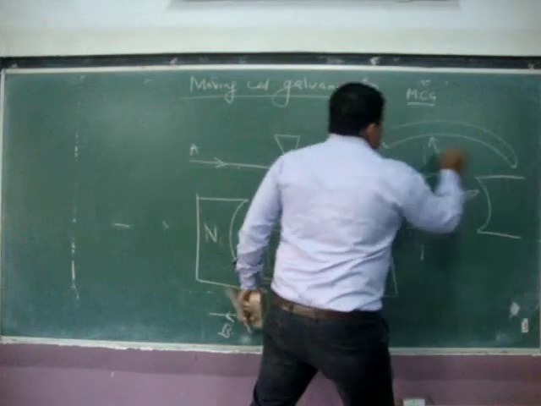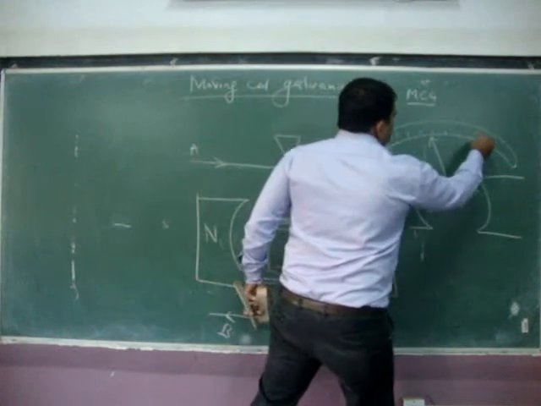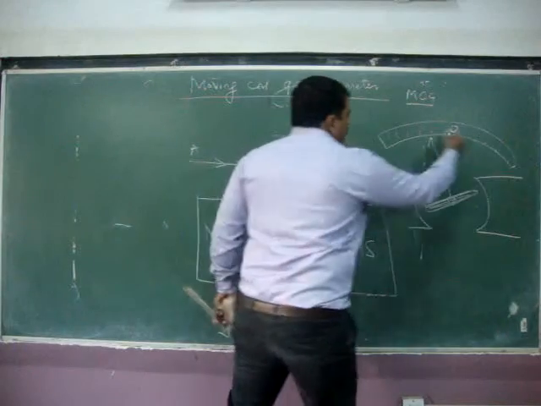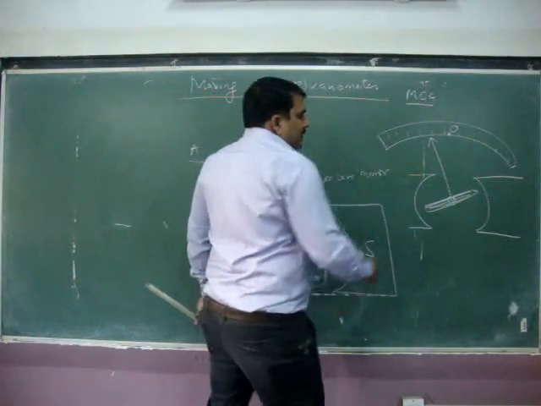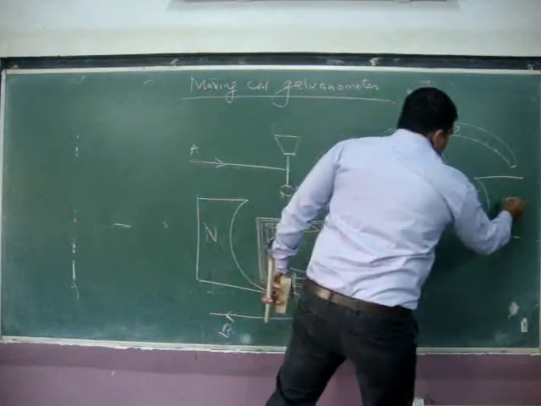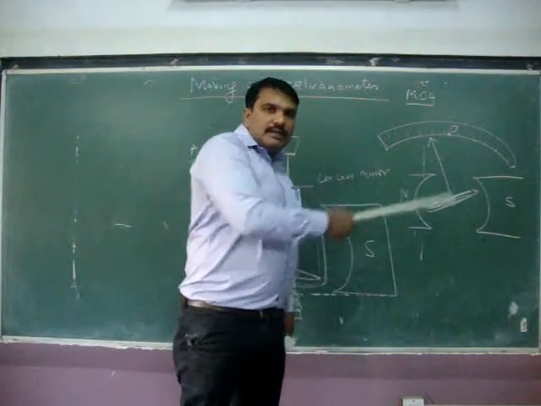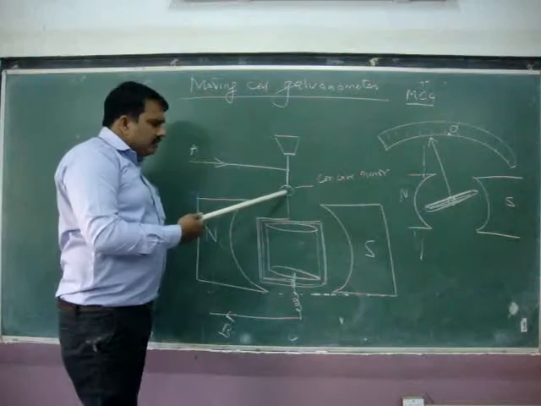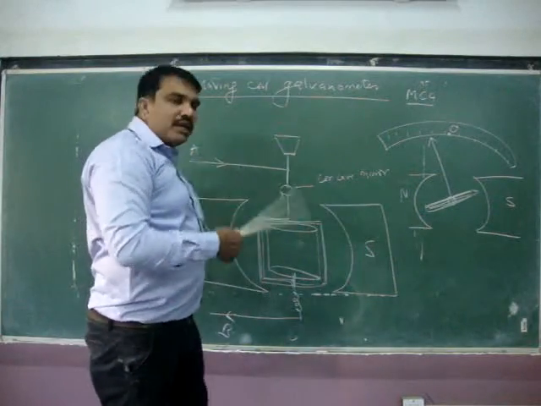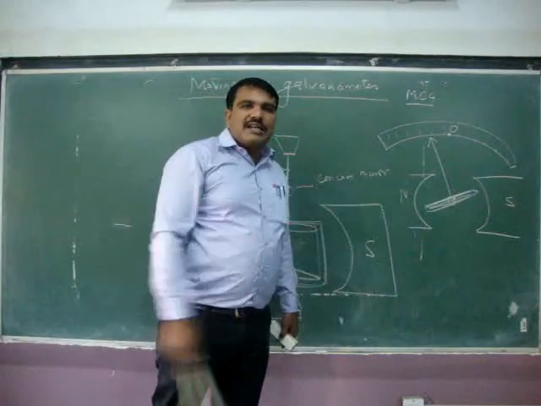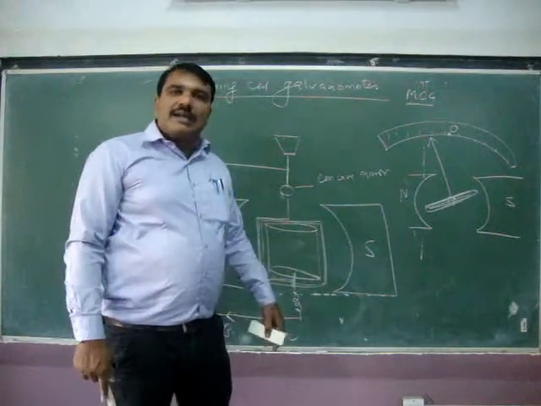On this scale there is a 0 in between, and 1, 2, 3 on this side and 1, 2, 3 on this side. So this is the radial magnetic field. This is the needle scale arrangement. In ancient galvanometers, we generally used this concave mirror, but now we use a needle scale arrangement to take readings using the galvanometer.